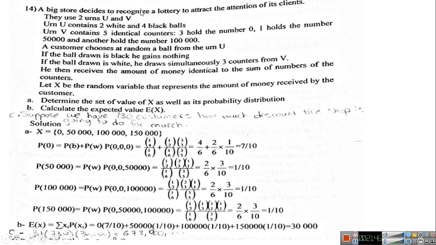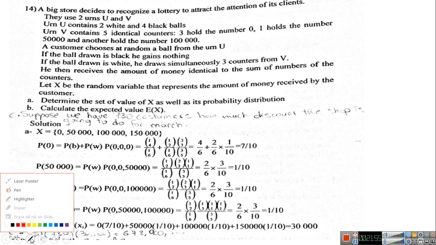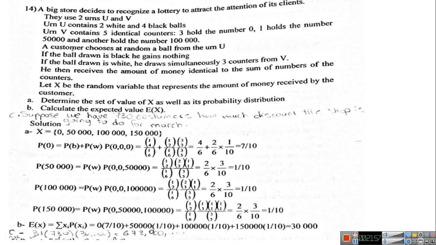A big store decides to organize a lottery to attract the attention of its clients. They use two urns, U and V. Urn U contains two white and four black balls.